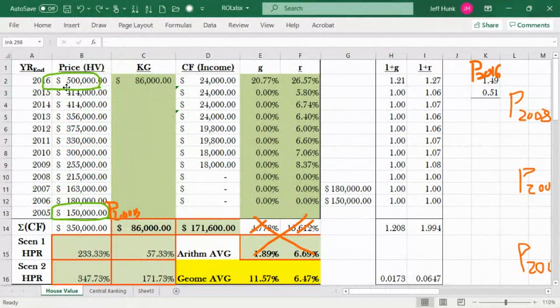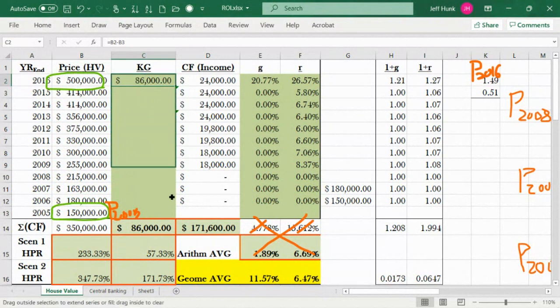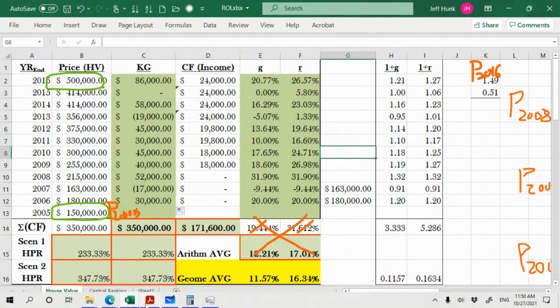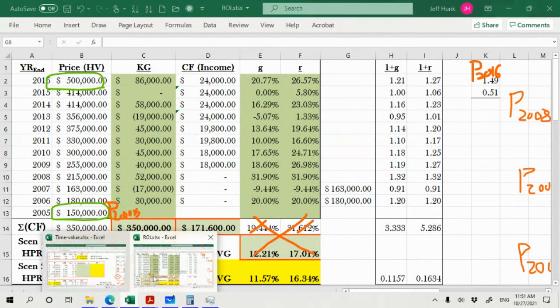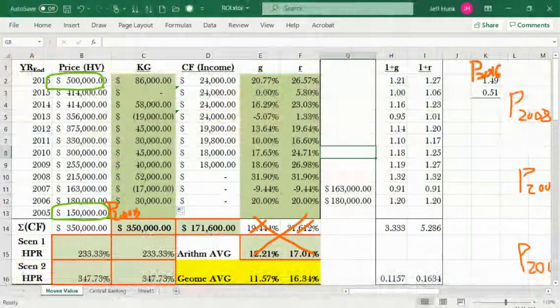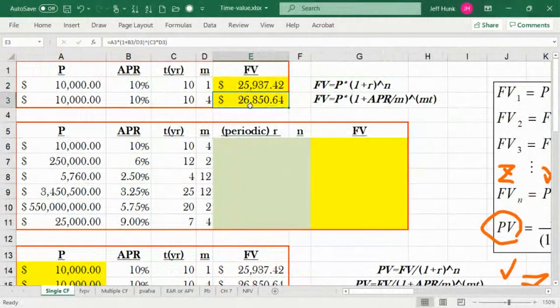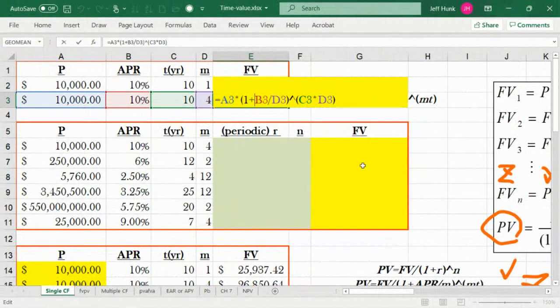I think I should move this. We did that already, so I don't think I need to explain it again. So here, look, the formula is the one that was copied, okay?